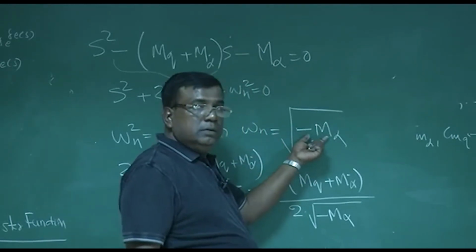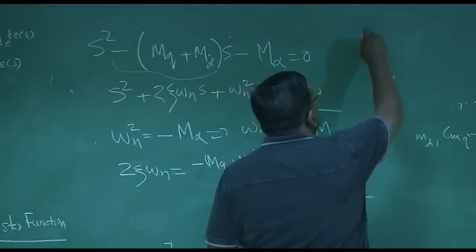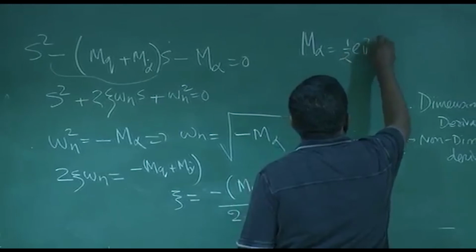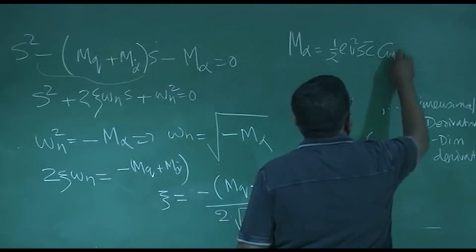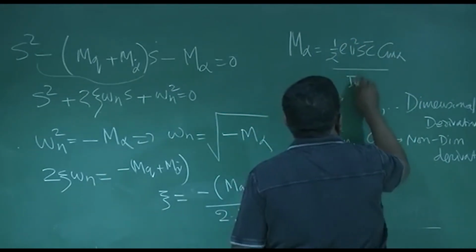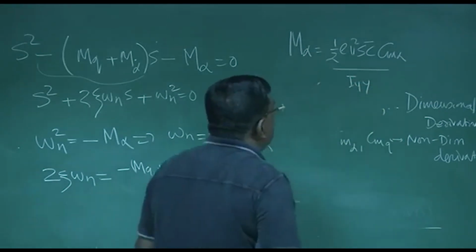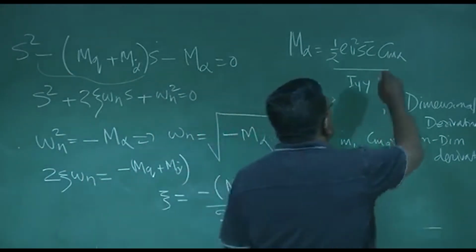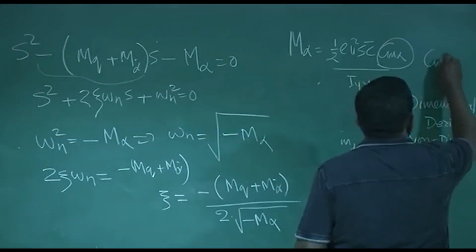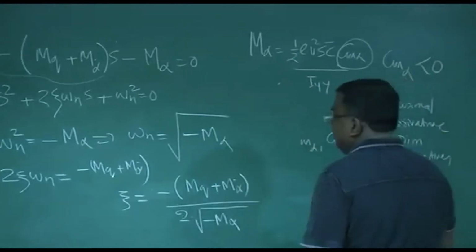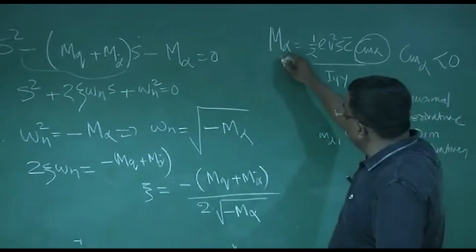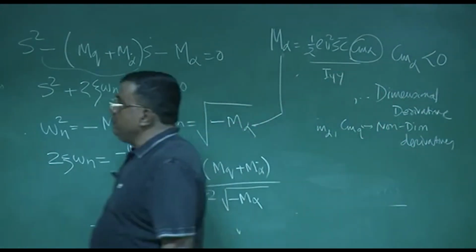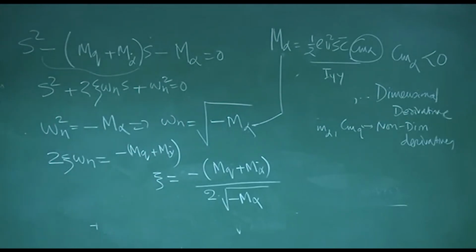Is it true? No, because if you see M alpha, what is the expression of M alpha? That is nothing but half rho V square S c bar Cm alpha by I y. Now, for a statically stable airplane, Cm alpha is negative. So M alpha is negative. So when you put negative into the square root, you get a positive number. So no confusion or no conflict.